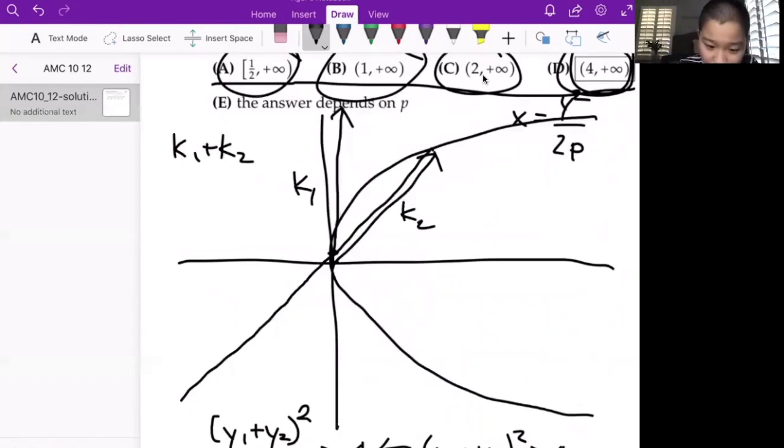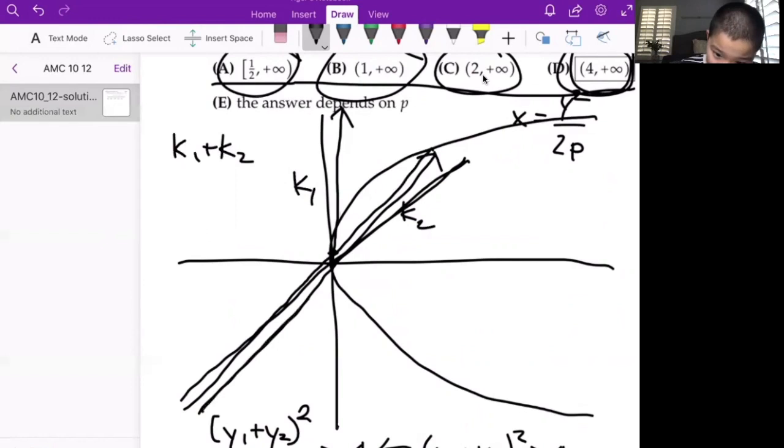And if you just move this line closer and closer to the origin, it can never go on the origin or below, because that violates the conditions. But if you go just a little bit above it, then you'll see that this line basically goes to infinity, this slope.